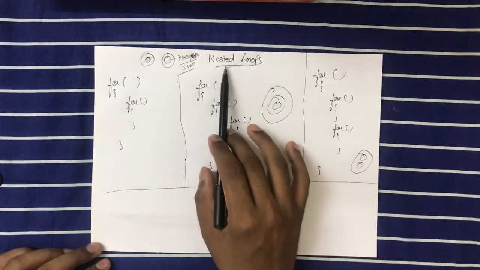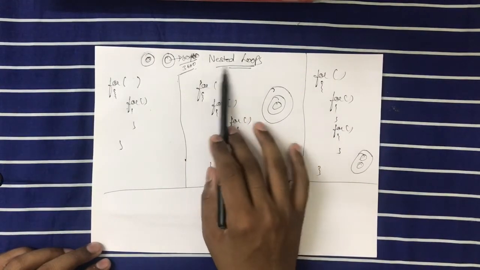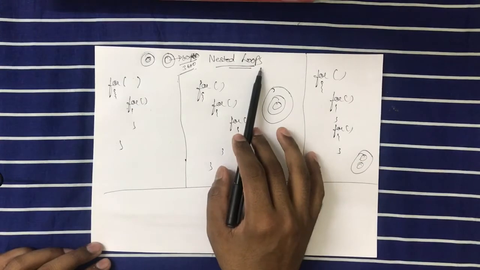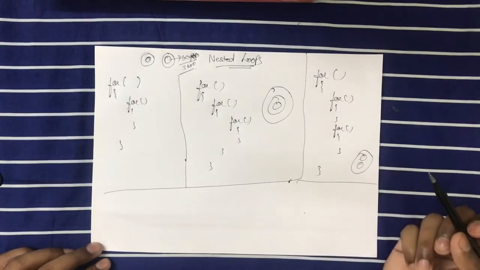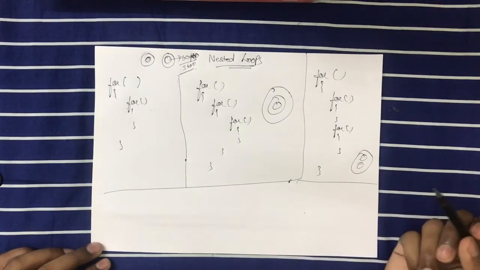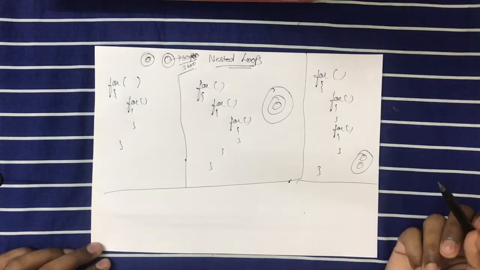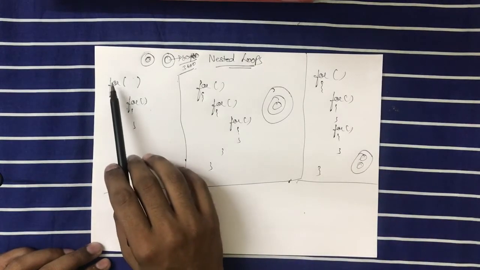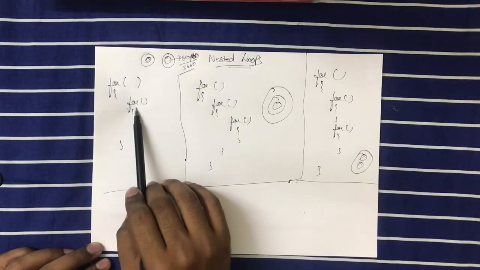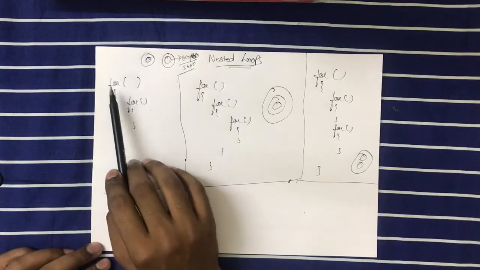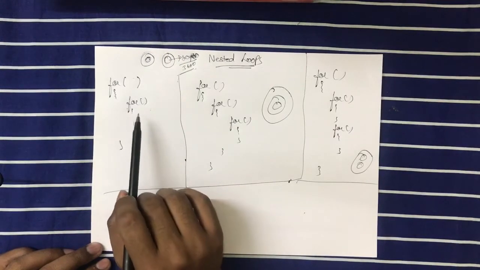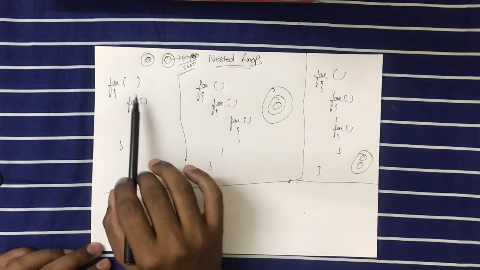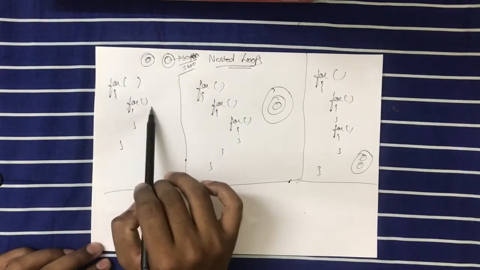I have said over here nested loop, not nested for loop or nested while loop. That means in the previous videos I have explained for loop, while loop and do while loop. All the three loops are the same, only the syntax is different. So I can place a while loop inside a for loop, or a for loop inside a while loop, or I can also do while loop and while loop.